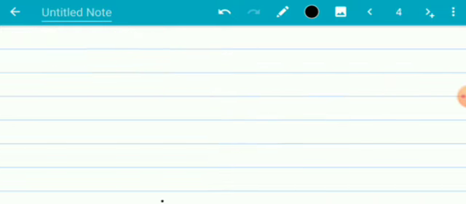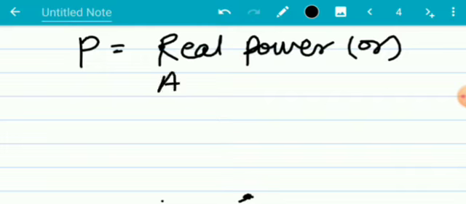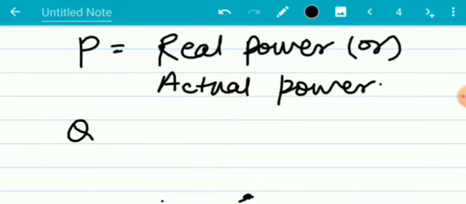I will explain further what P and Q are. Here P is the real power or the actual power, and Q here is the reactive power.